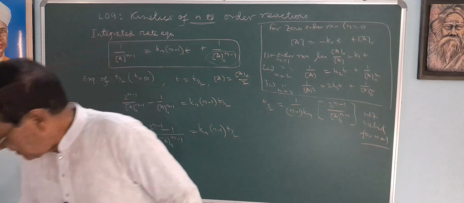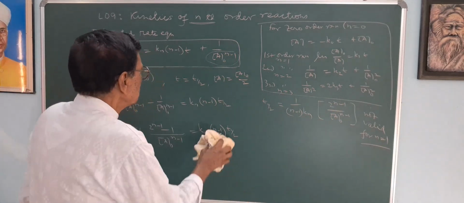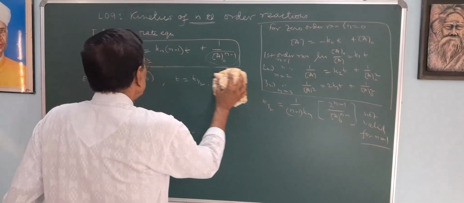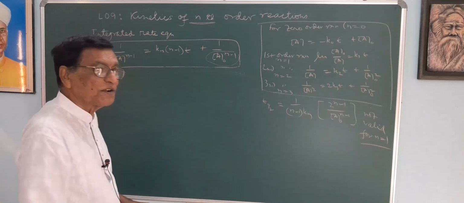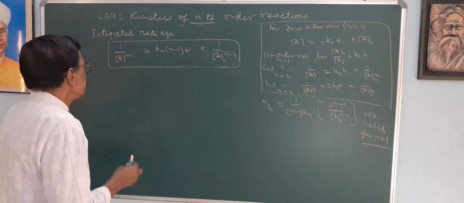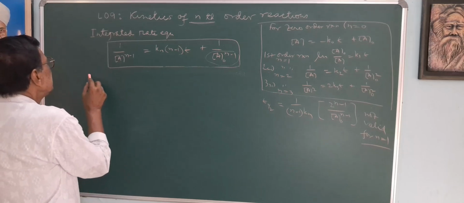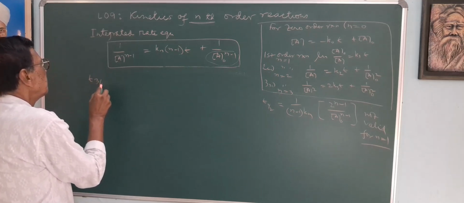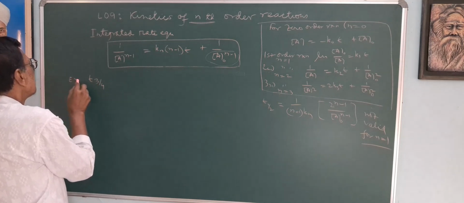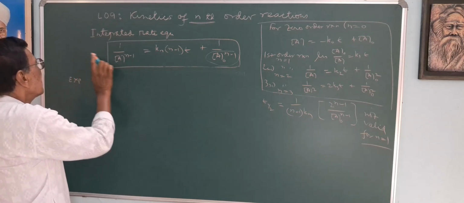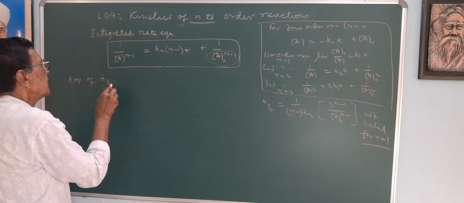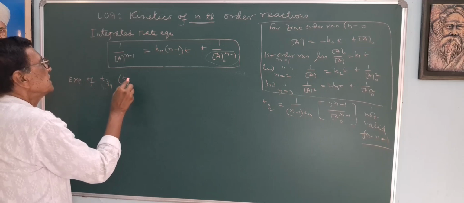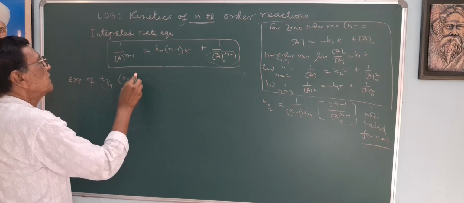Another very important parameter for finding out the order of this reaction is the T3/4 expression, or you can say T 0.5.